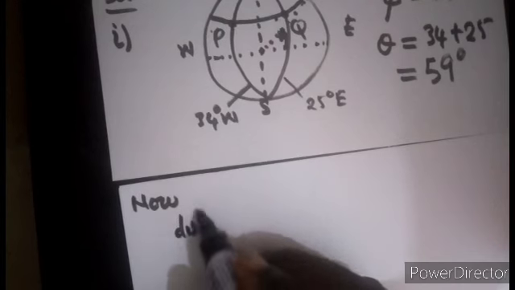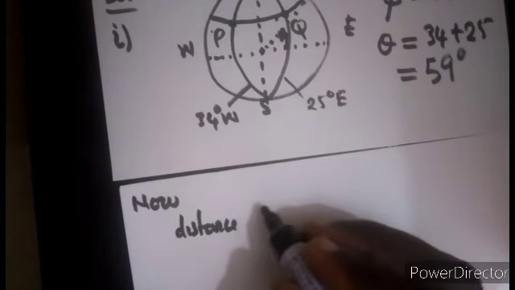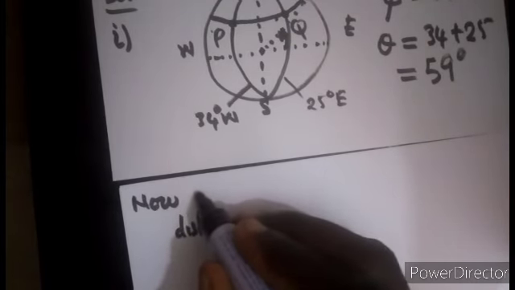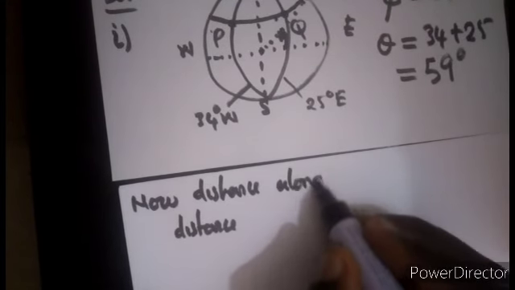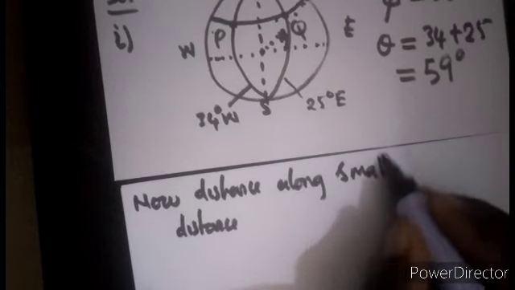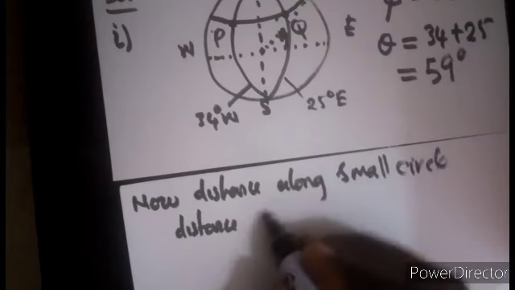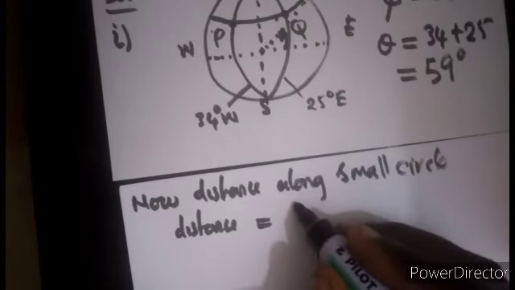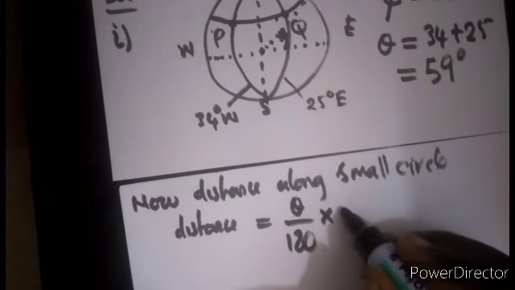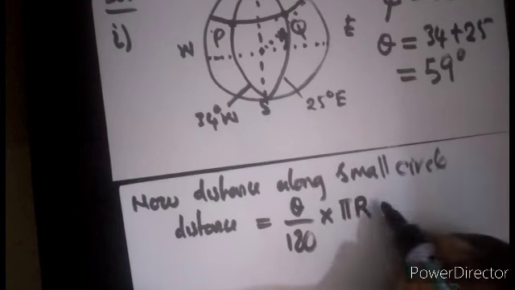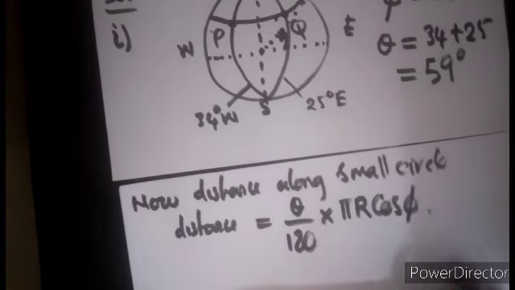Now the distance along the small circle. We know the distance is equal to theta over 180 times pi r cosine of phi.